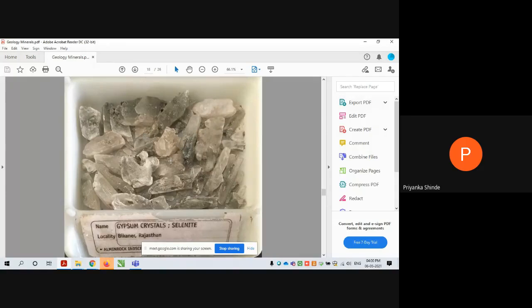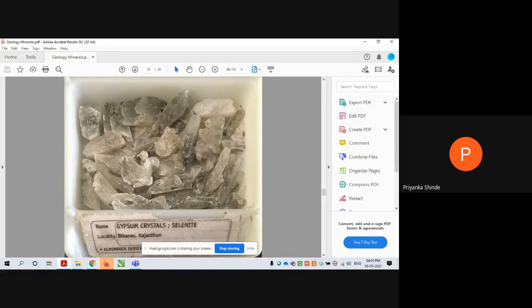The hardness is 2, then cleavage, it has basal cleavage, then tenacity, if you see, it is flexible. Then the form, if you see, it is very flat, so you can call it tabular form.